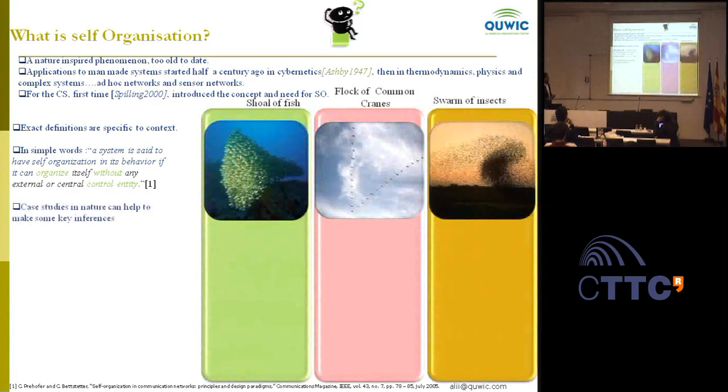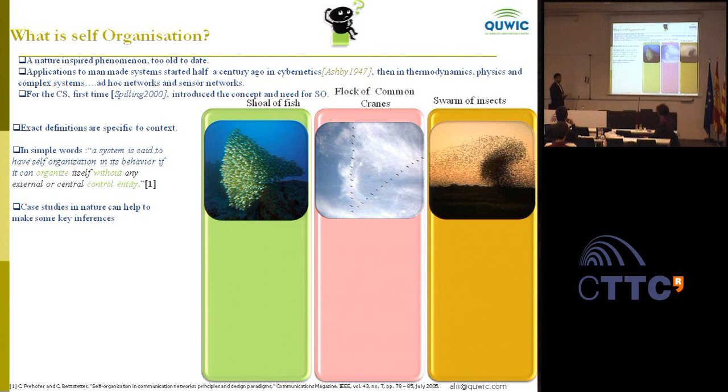But to have a more characterizing definition, we need to really look into nature, from where this phenomenon is coming. There are a number of examples in nature of systems which behave in a self-organizing way.